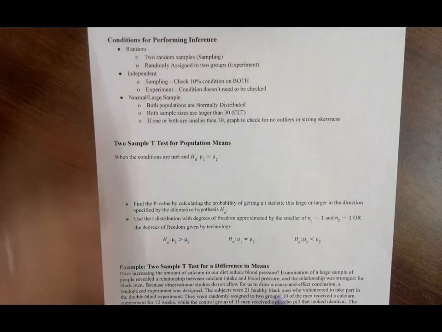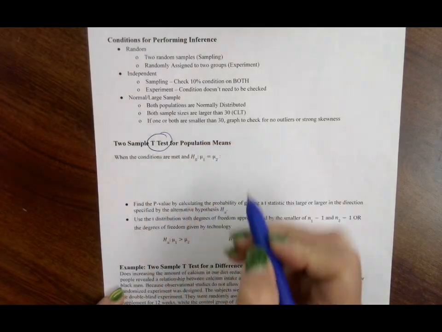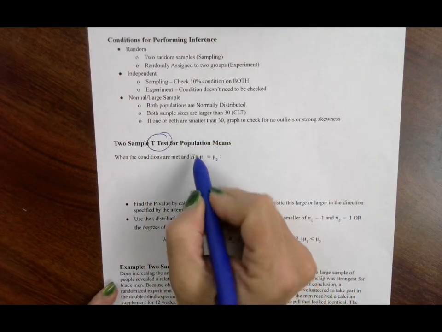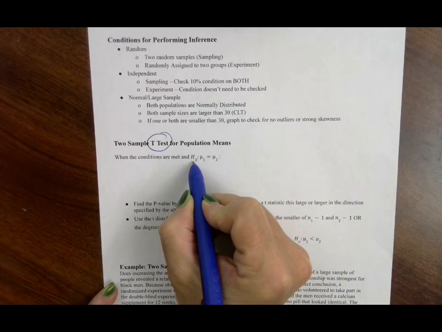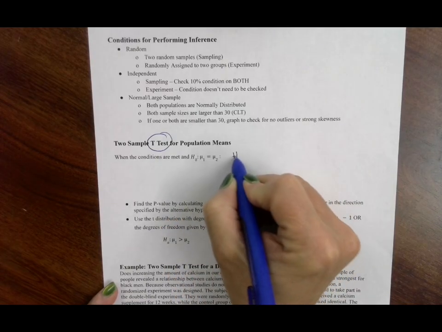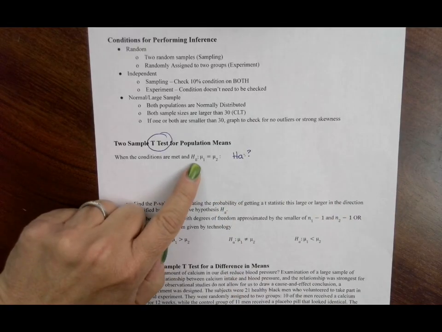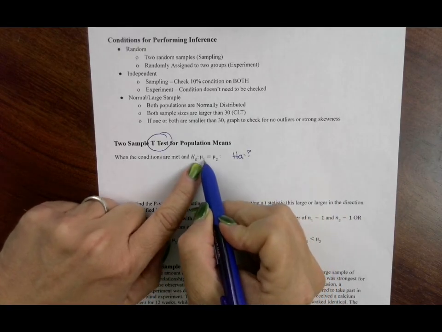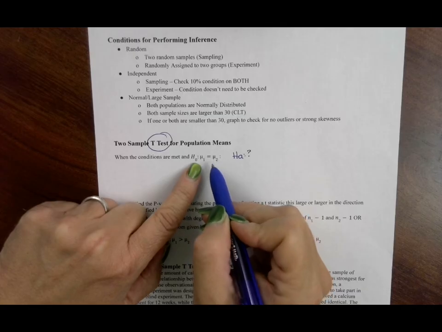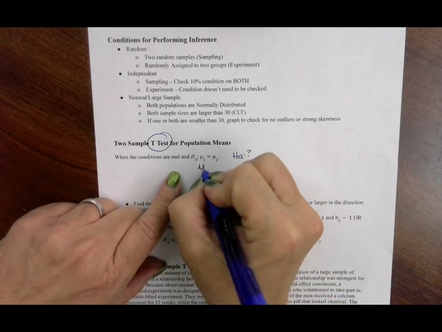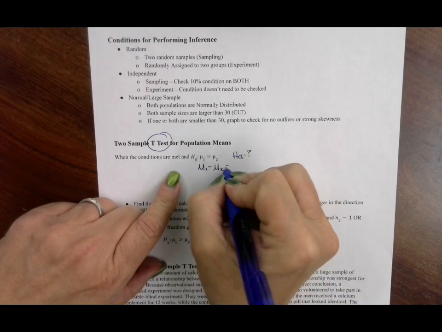So remember, with a test, what we're doing is we have a null hypothesis, and then we're going to have some sort of alternative hypothesis. Now we can write this null hypothesis as one mean equals the second mean, or we can say mean 1 minus mean 2 is going to equal 0.